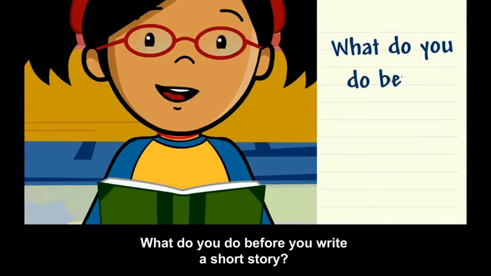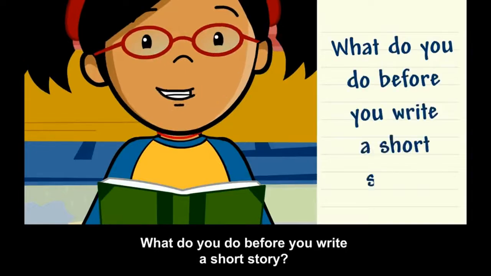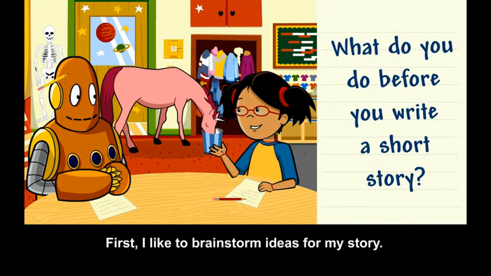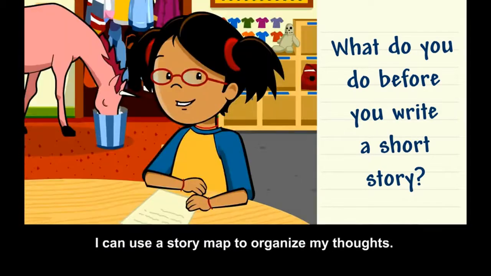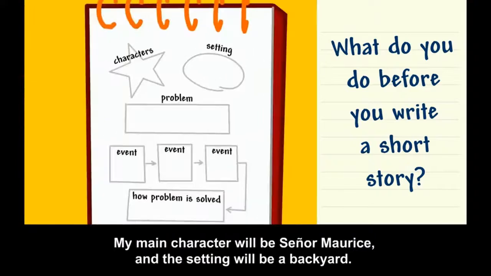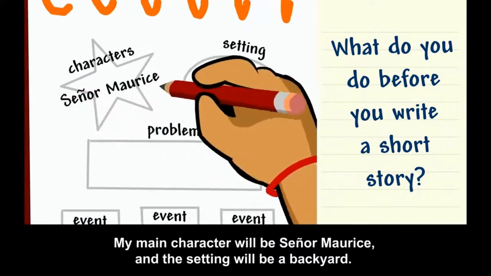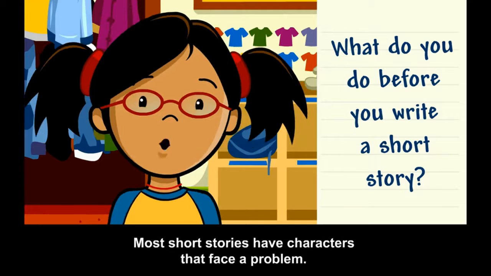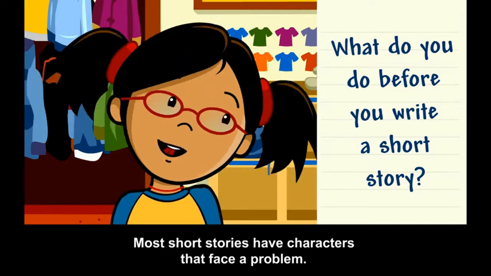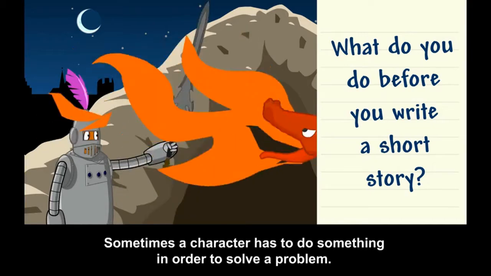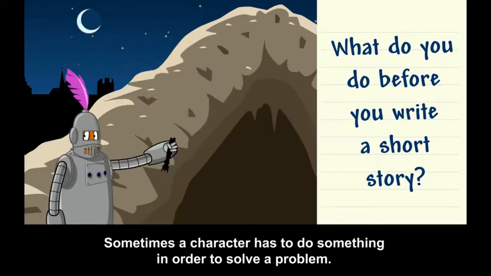What do you do before you write a short story? First, I like to brainstorm ideas for my story. I can use a story map to organize my thoughts. My main character will be Senor Maurice, and the setting will be a backyard. Most short stories have characters that face a problem. Sometimes, a character has to do something in order to solve a problem.